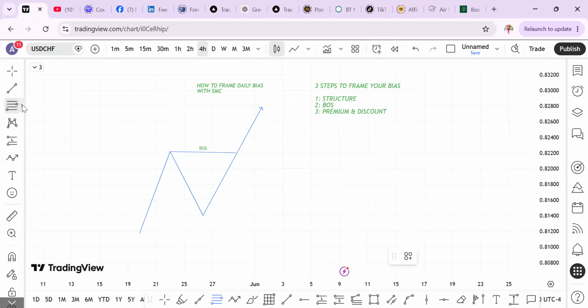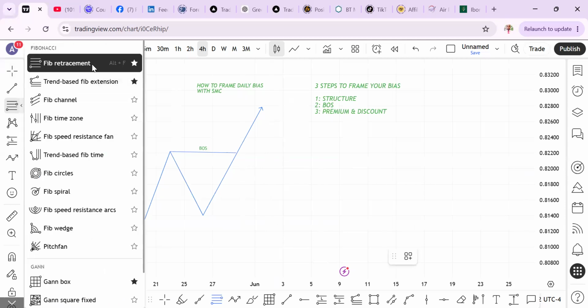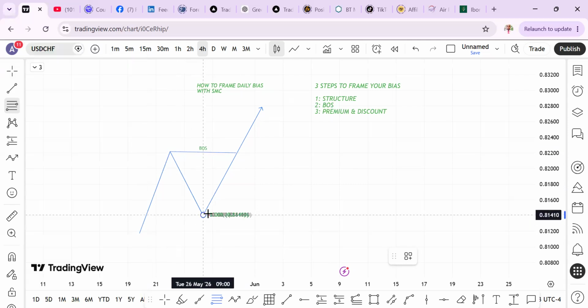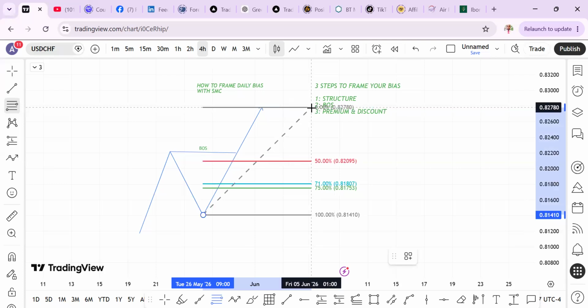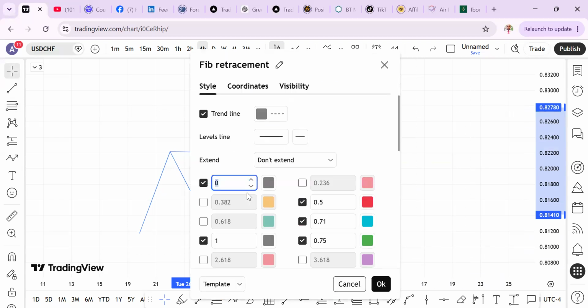There's a Fibo here. You can see Fibo retracement. Pick it. Now, how do you plug it? Because you are looking for a buy, plug it from the swing low, drag it to the swing high. Now, I'll give you the setting. I will change the settings now. I come to the settings.